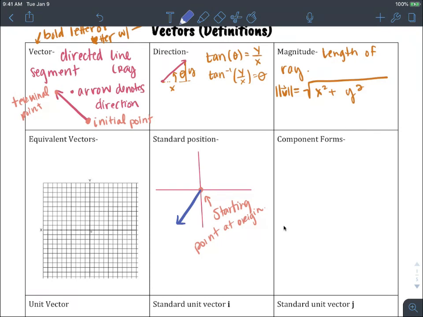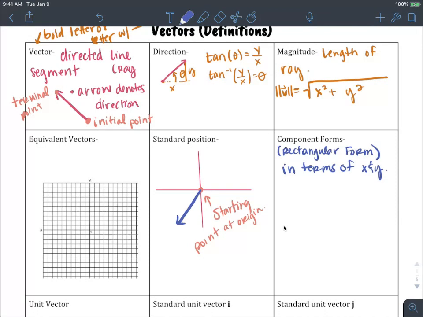So we can say that a vector is in its component form. Sometimes they say it's rectangular form when we're talking in terms of x and y.